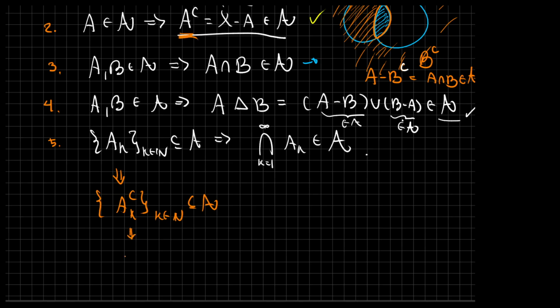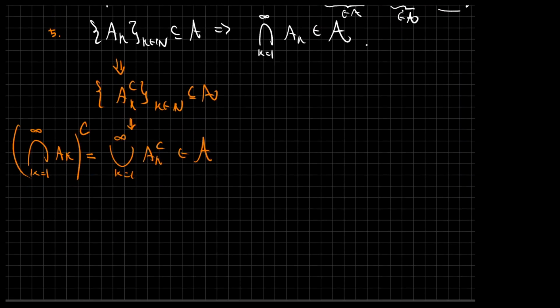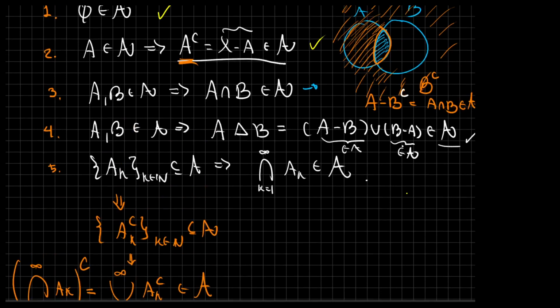So by the third property of sigma algebras, its countable union will be in the algebra, but then this is equal to the intersection like this. This is a property of sets. So this is an element of the algebra, but then complements are in the algebra. So the complement of the complement is just this intersection, which will be in the sigma algebra. So this is how we prove these properties.